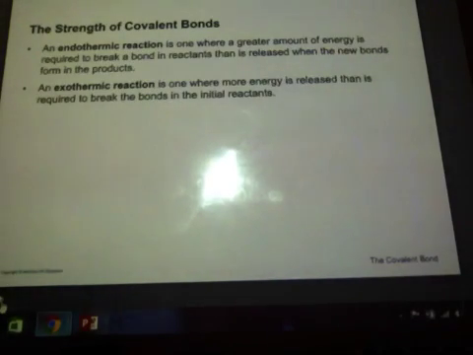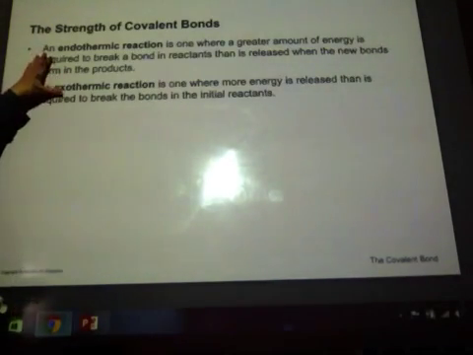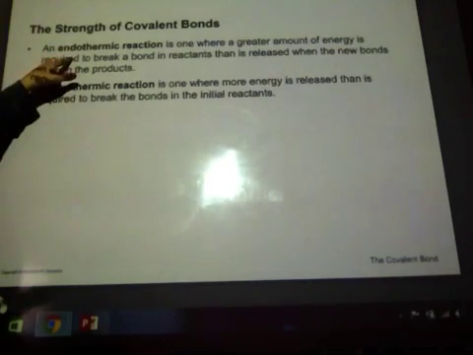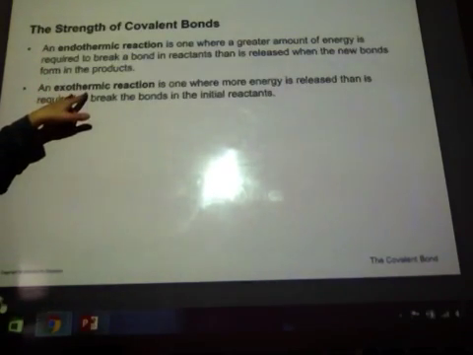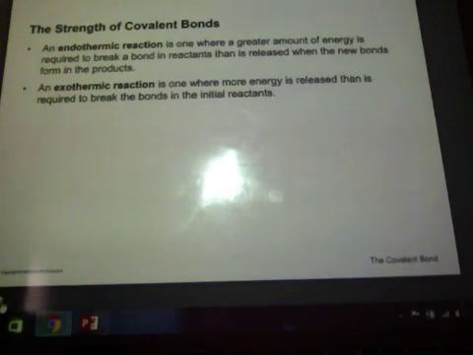And here again, kind of review from last time. Endothermic means that there is energy required to break bonds. So there's more energy to start with at the end of the reaction. Exothermic is going to release energy.